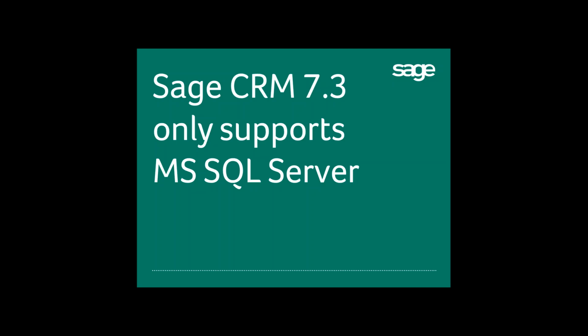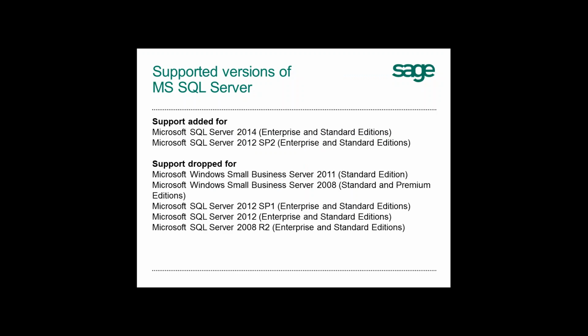Now that means that we can focus our look for documentation and assistance on a single database, and that is applicable when it comes to thinking about the version that we're using. Now, Sage CRM has a narrow range of officially supported versions of SQL Server.